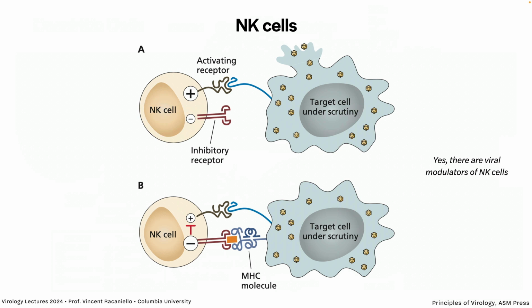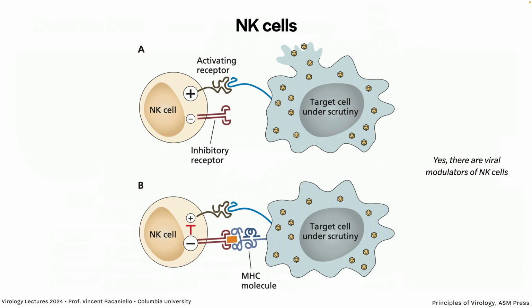All cells have some kind of MHC, which is involved in presenting antigens. So here's a target cell where there's no MHC, and that's not normal, because all of our cells should have MHC. When there's no MHC, the NK cell assumes it's infected, and the virus has downregulated it, and it kills the cell. So this is called absence of self-killing, because MHC defines self, right?